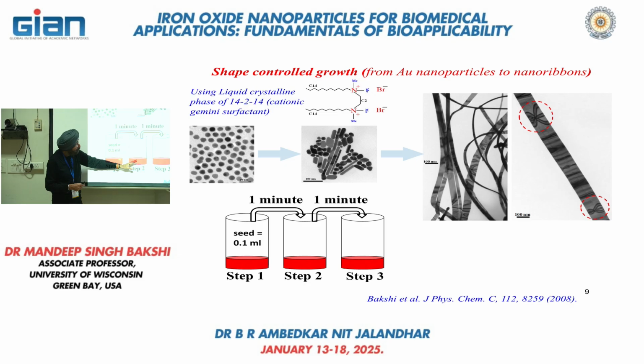We reuse them in the second step to produce a rod-like nanoparticle, and we again continue with the synthesis by manipulating the concentration of the surfactant, by blocking the crystal planes, and eventually we come to the nanoribbons or nanowires. And I think in the next few lectures I'll explain in which devices or applications you will be using the nanowires.